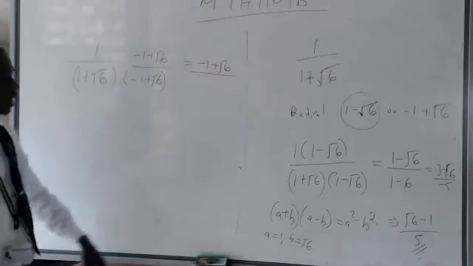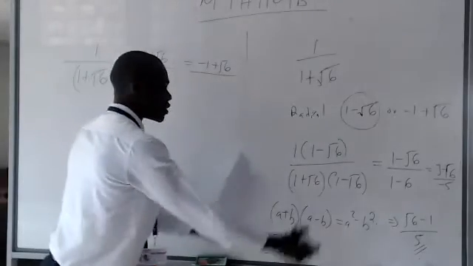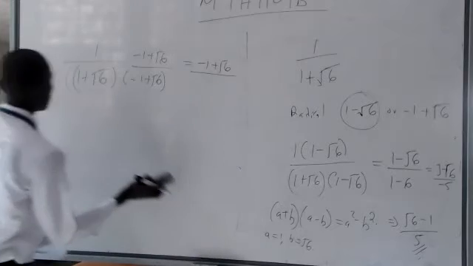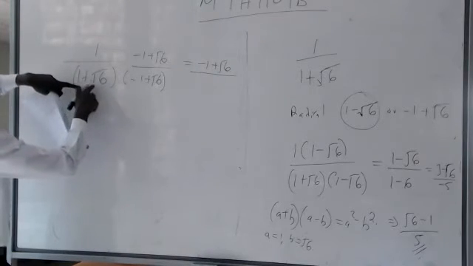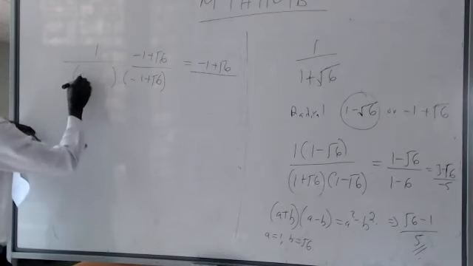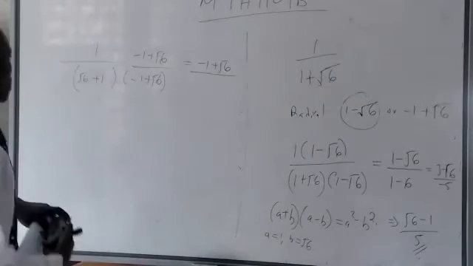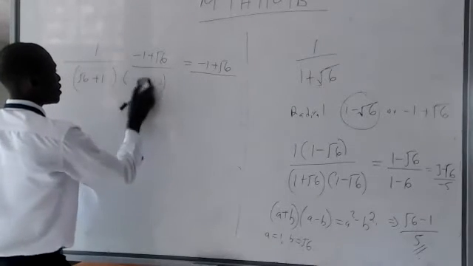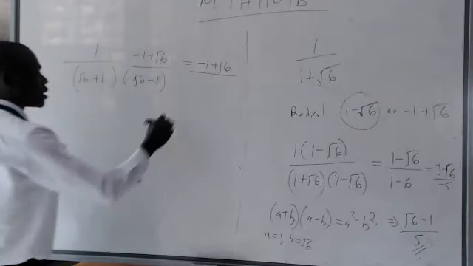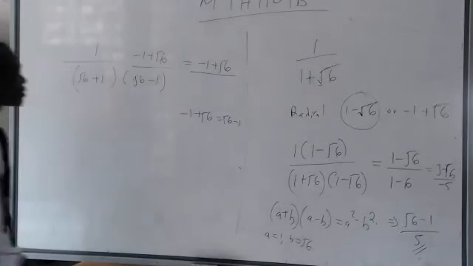In the denominator, again, I want to use this identity, which we have proven, so it will never let you down. Now, to do that, this is 1 plus root 6. You can write this as root 6 plus 1. Why? Addition is commutative. And this other side, we can write as root 6 minus 1. You have a minus 1 plus root 6, which is the same as root 6 minus 1.